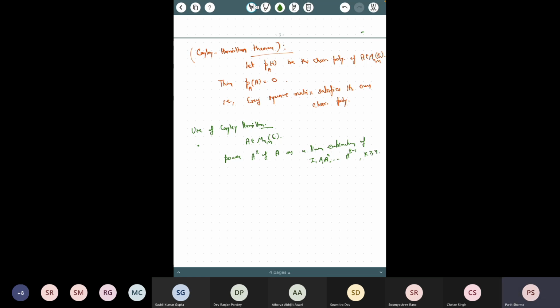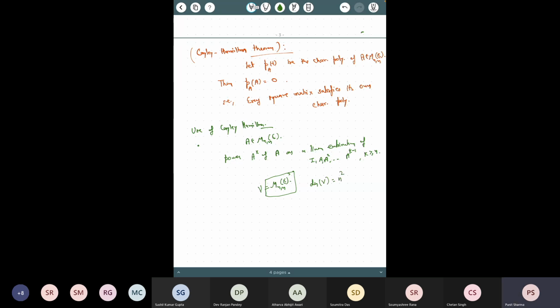Now, we know that the space of n cross n matrices over C is a vector space of dimension n square. So the dimension of this vector space is n square.